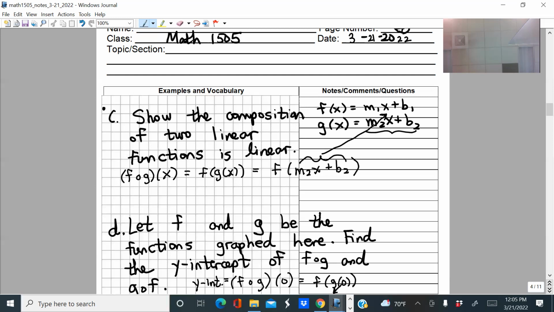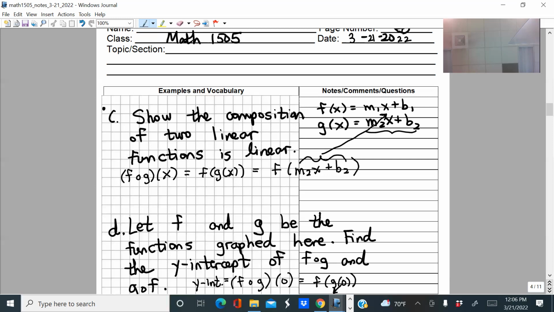Okay, multiply that through, so you have m1 comes in. And you just have to leave it like that. There are the numbers, so you can't combine.